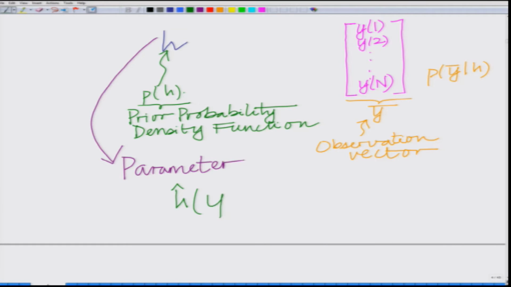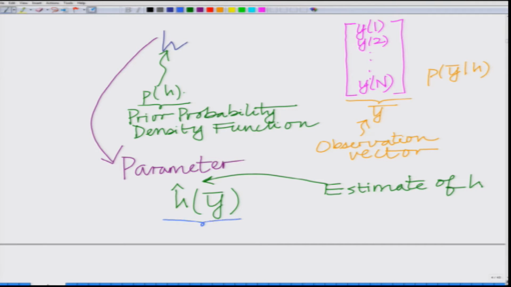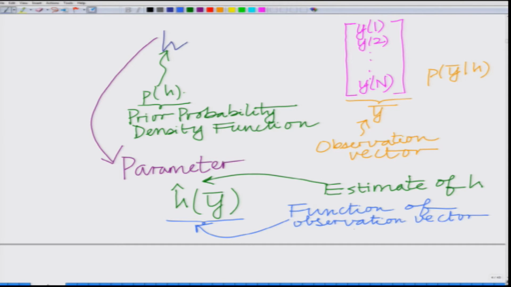It is important to realize, although it is a simple point, that h hat is a function of the observation vector y bar.